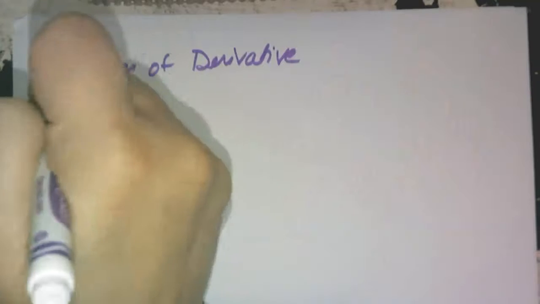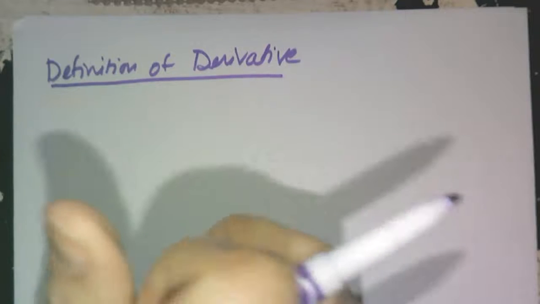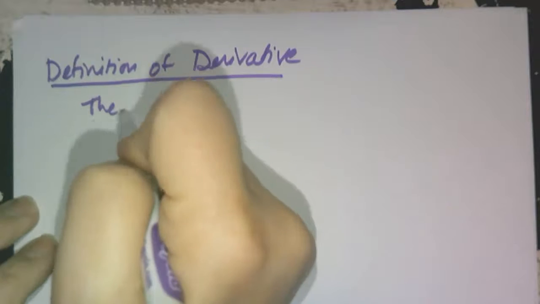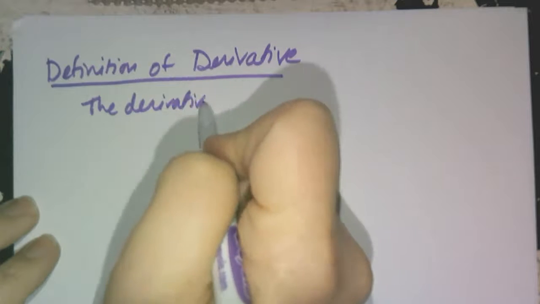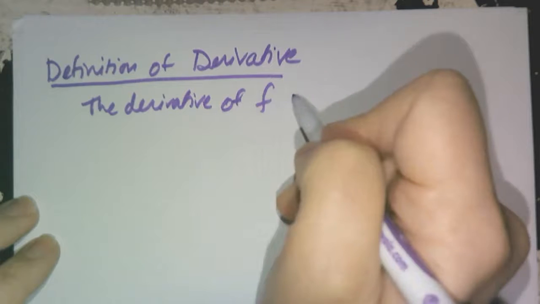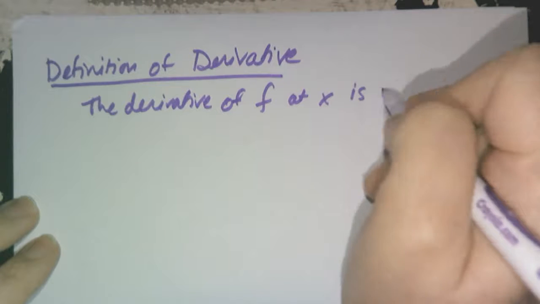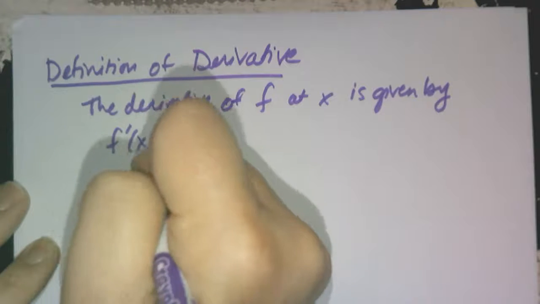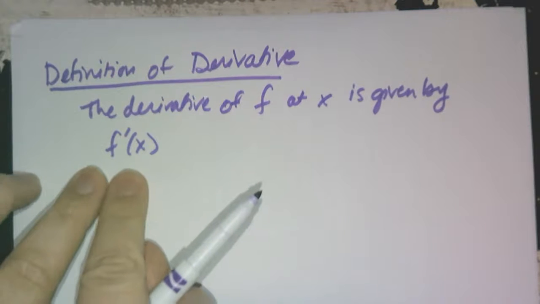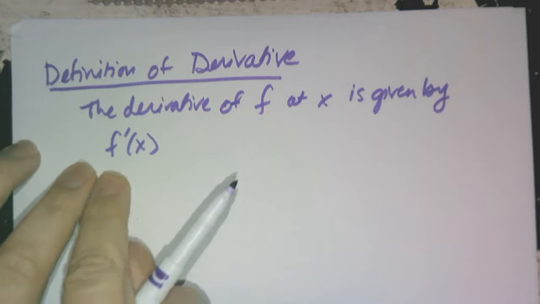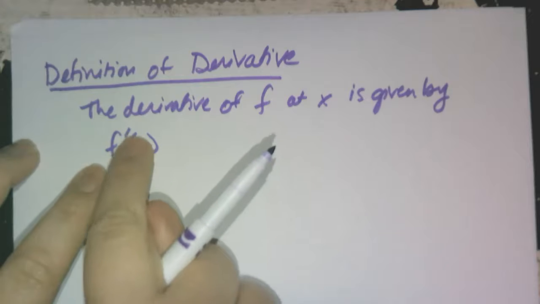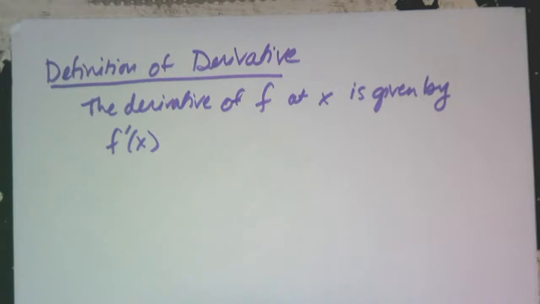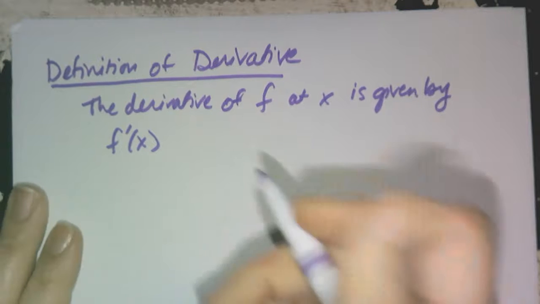The derivative of f at x is given by f prime of x. That is the new notation for derivative. When you see function notation with a prime mark next to the f, that is the notation for derivative. Get used to seeing that. I'm going to show you a couple more notations in a moment.